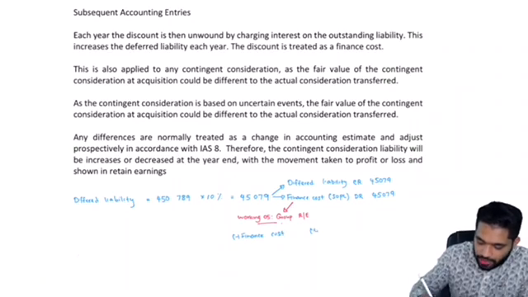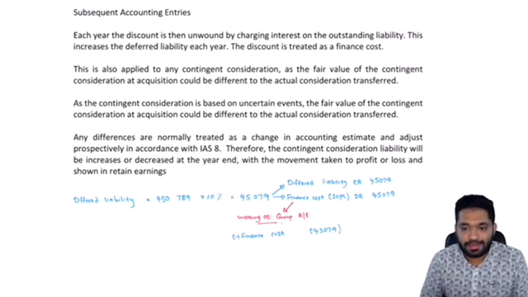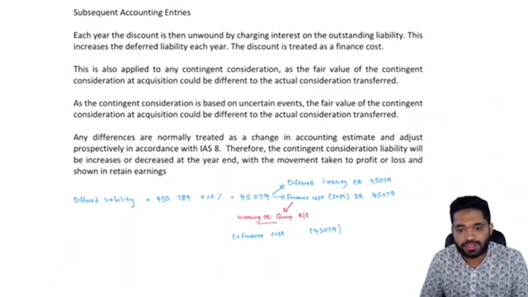So we'll have to remove 45,079. So those are the subsequent accounting adjustments that you will see for a deferred consideration.